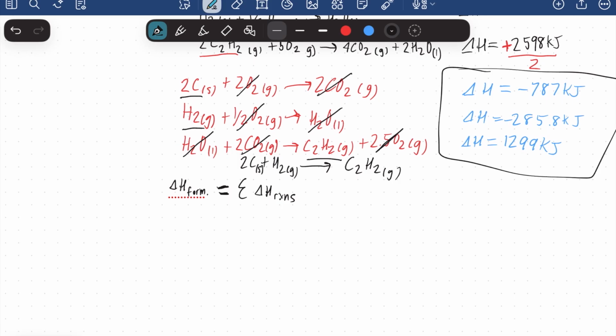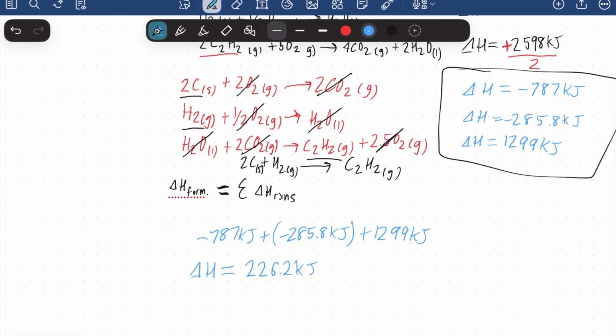So, if we do negative 787 kilojoules plus negative 285.8 kilojoules plus 1299 kilojoules, the change in enthalpy will equal 226.2 kilojoules.